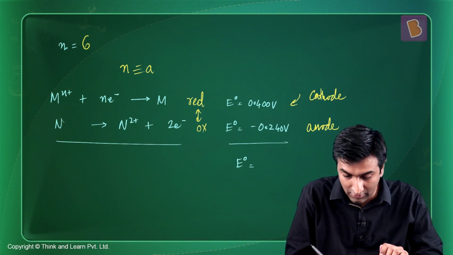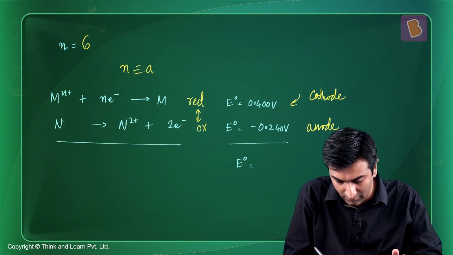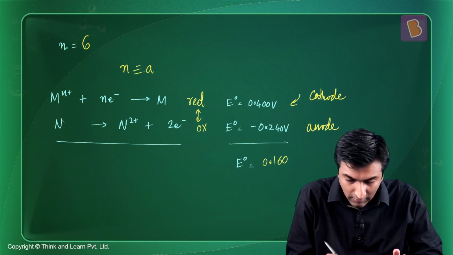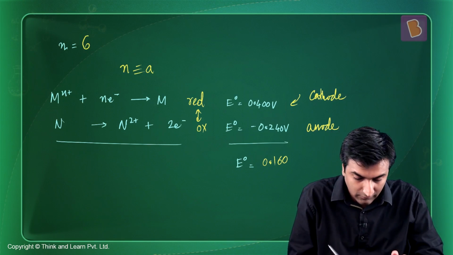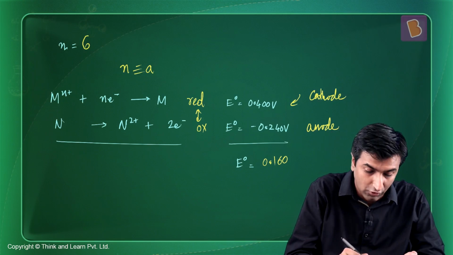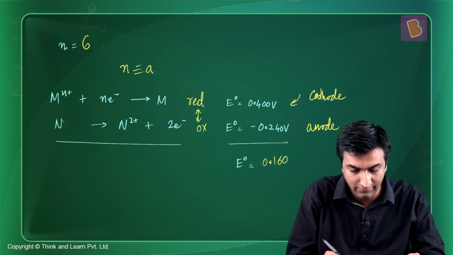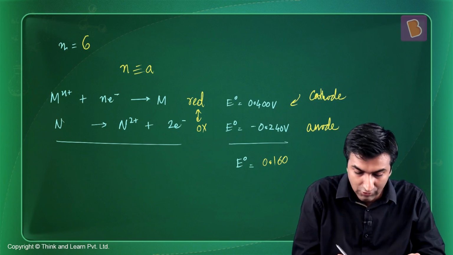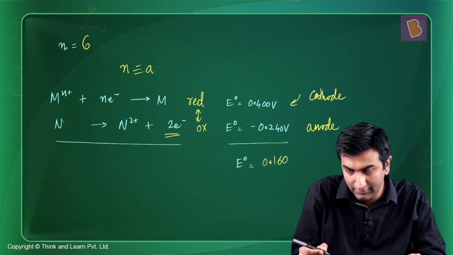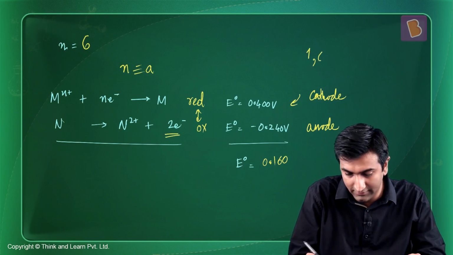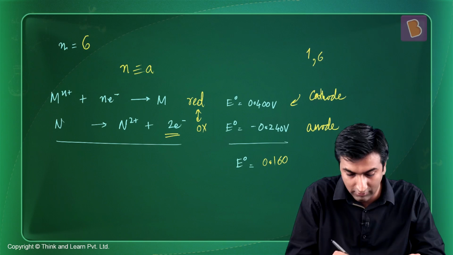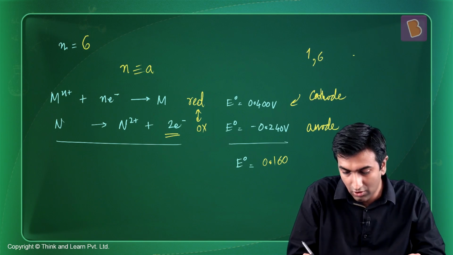Anyway, what's the total E naught going to be here? We already found that out. This is going to be 0.160 volts, right? Now, this sort of a setup is possible because the total number of electrons is 6. This sort of setup is possible only if there are two possibilities. Since there are already 2 electrons fixed over here, the number of electrons in the two separate reactions is either 1 and 6, or 2 and 3.